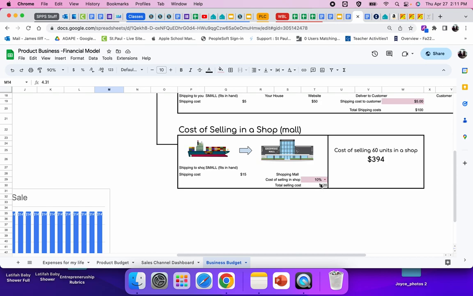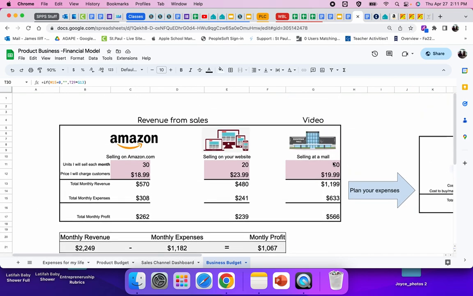Now, here's what's interesting about the mall. When you sell a product in a mall at somebody else's shop, they're going to charge you a percentage. And so you get to estimate what percentage that is. So let's say they charge you 30% of your revenue. Well, guess what? That's $360 if you sold 60 units.